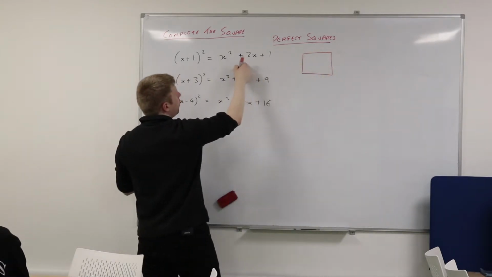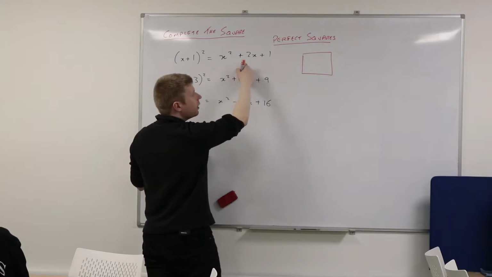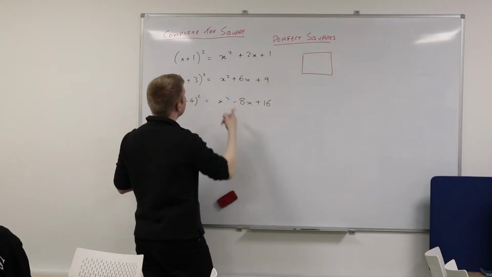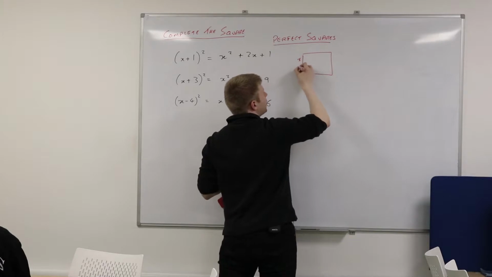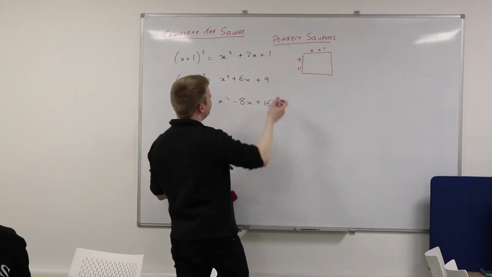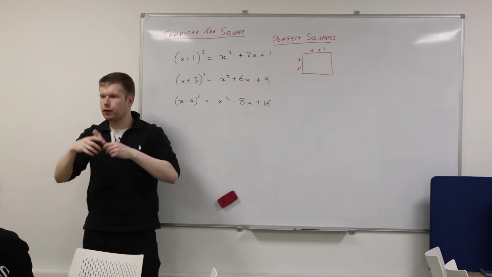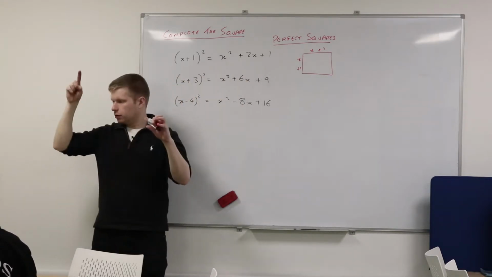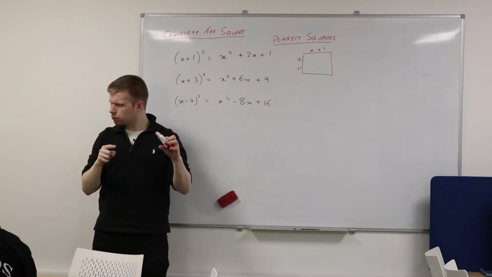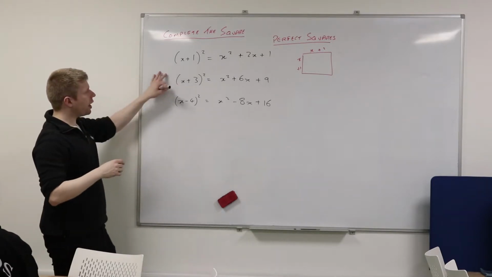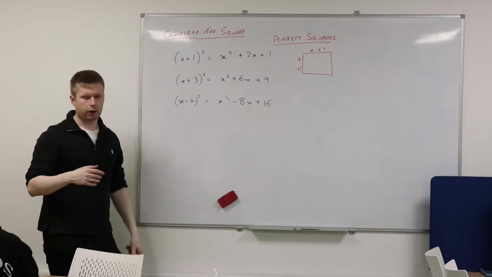So this one here, x squared plus 2x plus 1, is the area of this square, and the side length is x plus 1. So all of these things can be factorised to a perfect square rather than, say, to a rectangle. Perfect squares are really nice.